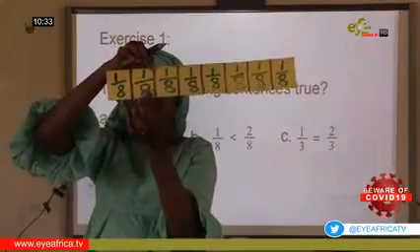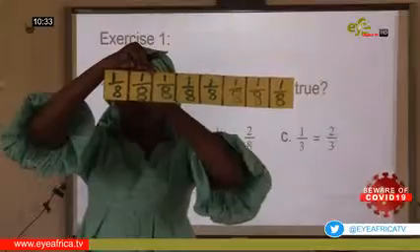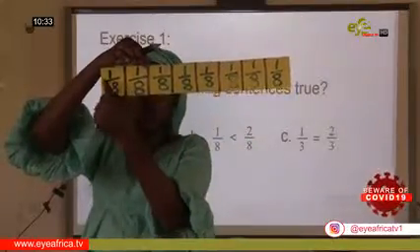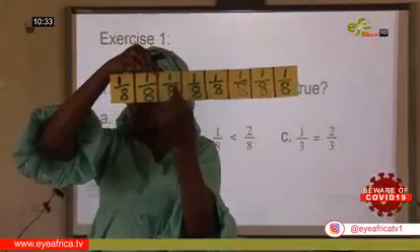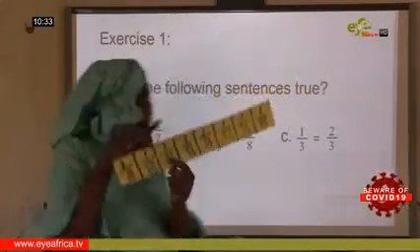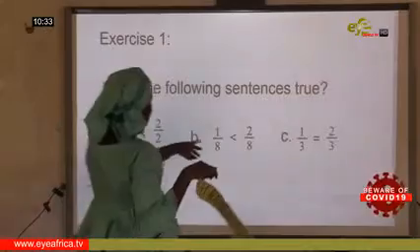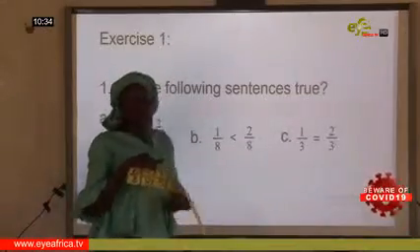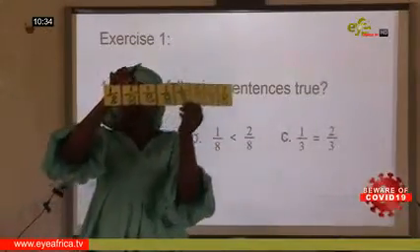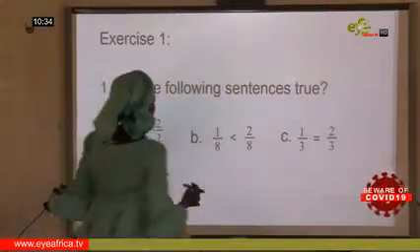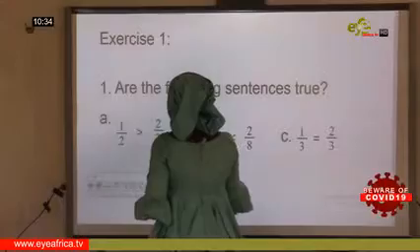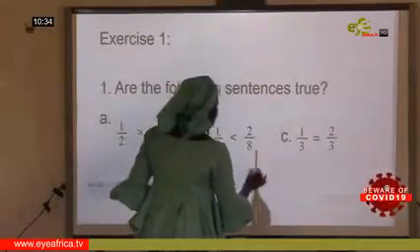The denominators are the same, so we add the numerators, 1 plus 1, which will give you 2, which is 2/8. So it says 1/8 is less than 2/8. Is it true? Yes, it is. B is true.